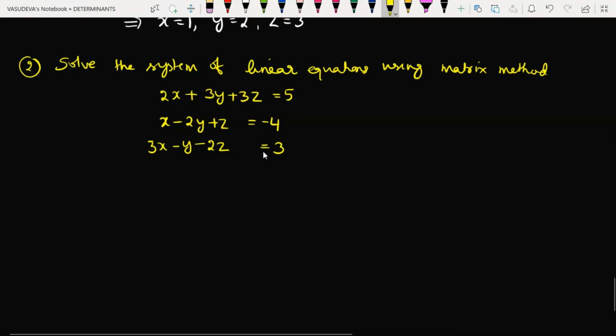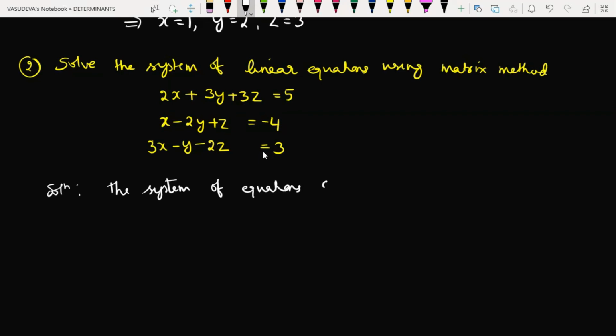So taking the equations, the system of equations can be written as AX equals B. A equals 2, 3, 3, the first equation's coefficients of x, y, z.